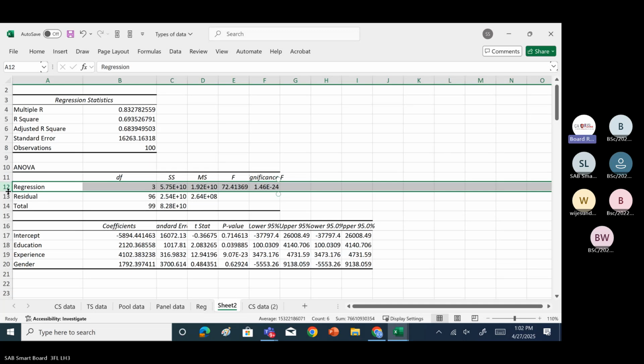Okay, so out of the three hypotheses, how many hypotheses can you accept? One hypothesis, that is the first one. There is a significant positive impact of education on the salary.